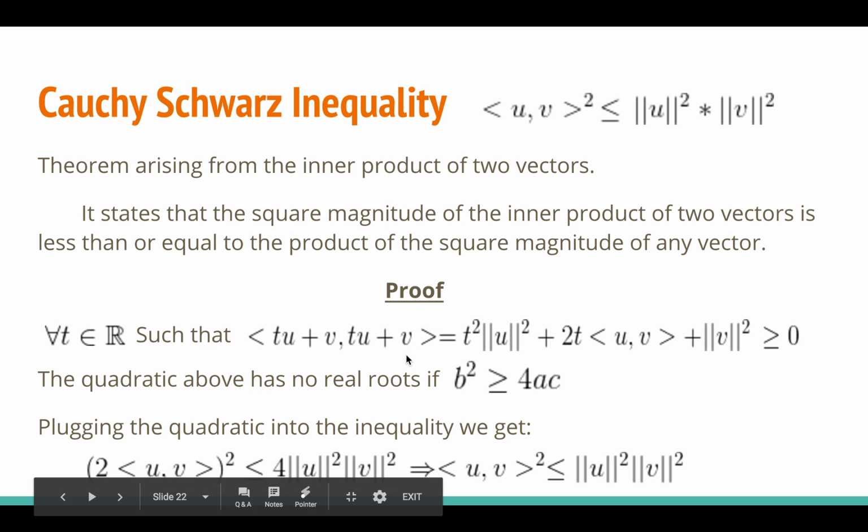So in this case, a is 1 and c is 1, so it's just 4. b squared is 2t, and remember to put the variables in there too. So basically, if you plug everything in, you should get this inequality right here. And then that simplifies to the Cauchy-Schwarz inequality.